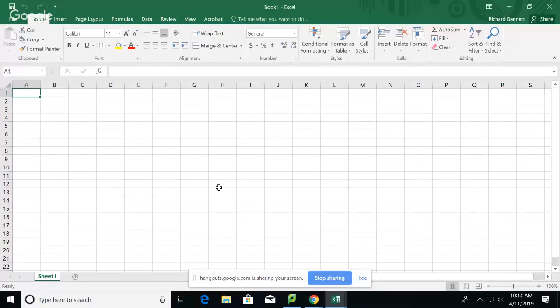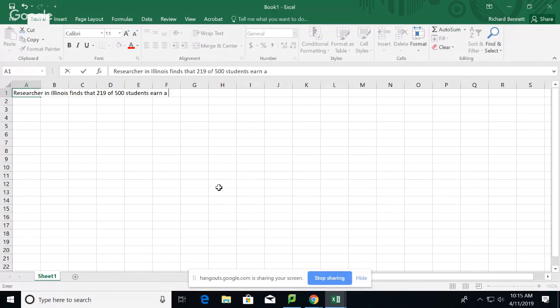All right, so let's pretend we're going to go through our same 7 steps that we always do. A researcher in Illinois finds that 219 of 500 students earn a 22 on the ACT math test.